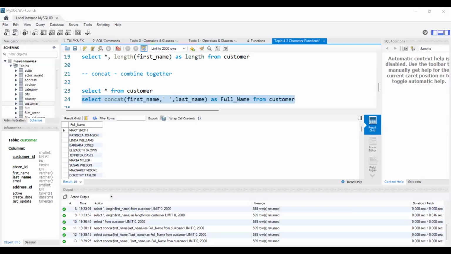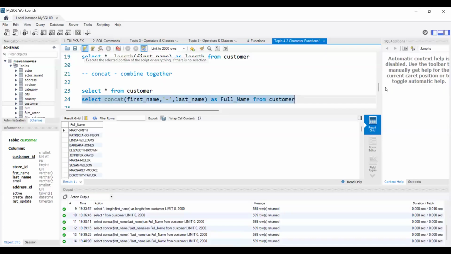Can you try with a hyphen in the quotes? Will it work or not? A hyphen, like this. No, not underscore, hyphen. This one is a colon. Okay, this one. Yes, it will work. It will add anything in between.